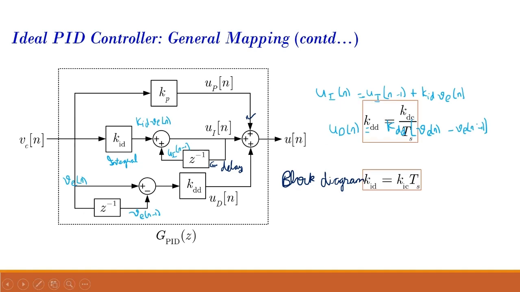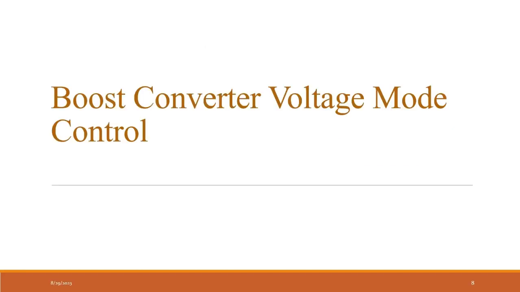What we found is that the digital value of the derivative gain is equal to the continuous time value divided by the sampling time, or the time period. Similarly for the integral, it is ki integral into the ts. Ts is the period of the delay: how much the signal is delayed by, that is my ts.